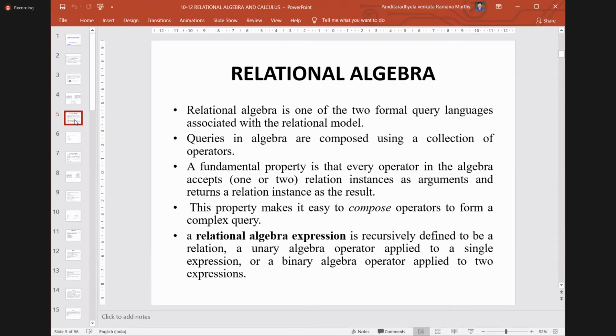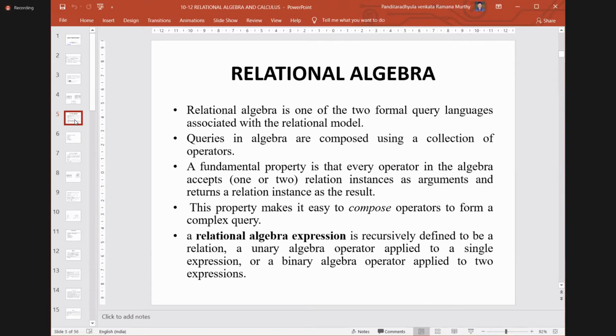Relational algebra is one of the two formal query languages associated with the relational model. Before the relational model, we had the two query languages associated with relational data: relational algebra and relational calculus. The queries in the algebra are composed using a collection of operators.